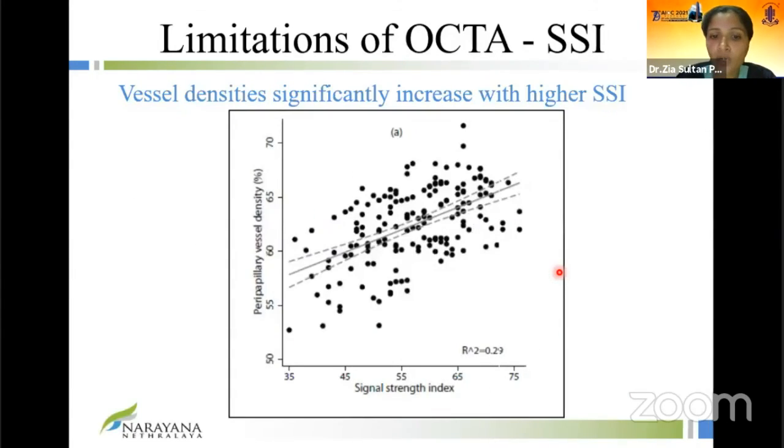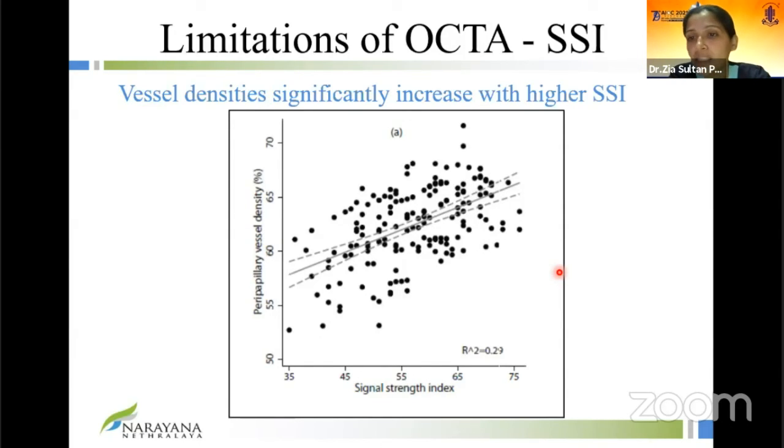If you look at this chart, the signal strength index is plotted on the x-axis and the vessel density on the y-axis. It's not like at any point this value levels off. As the signal strength increases from 45 to 55, the vessel density increases further. If you go to 75, it increases even more. So signal strength index becomes a very important parameter in determining vessel density.